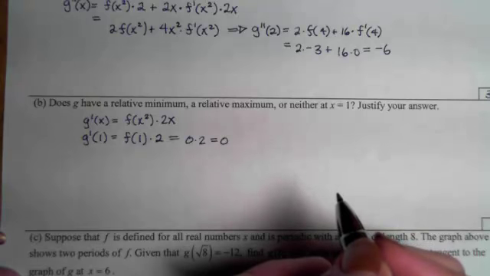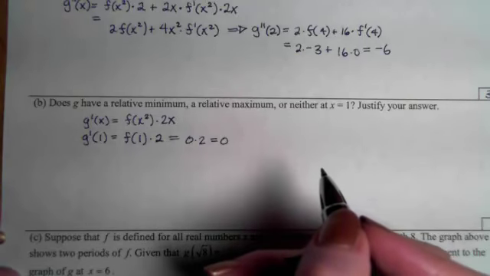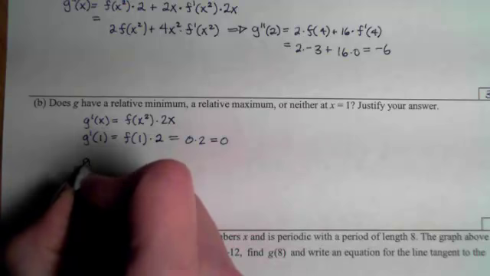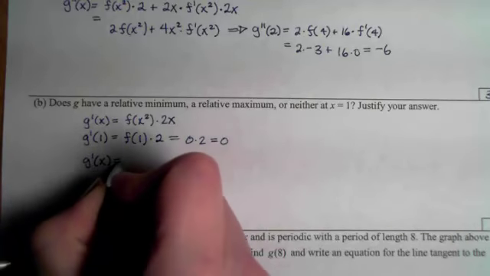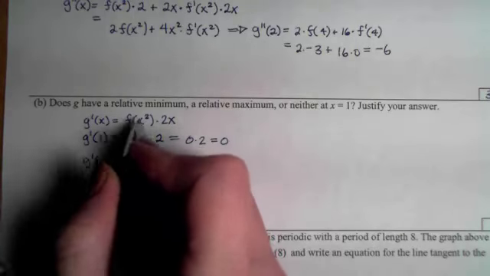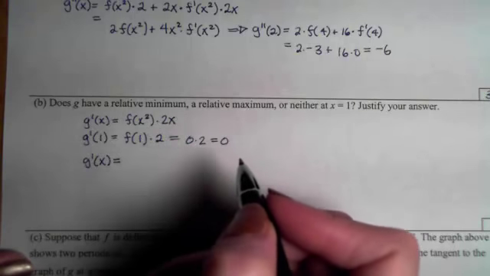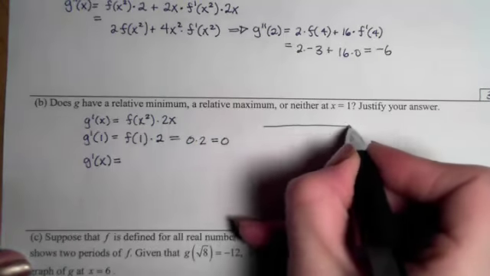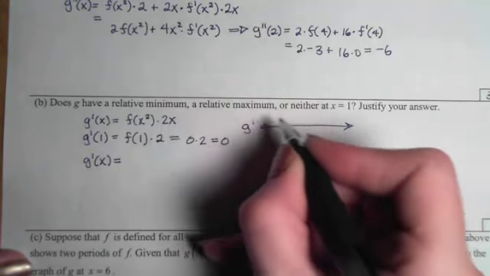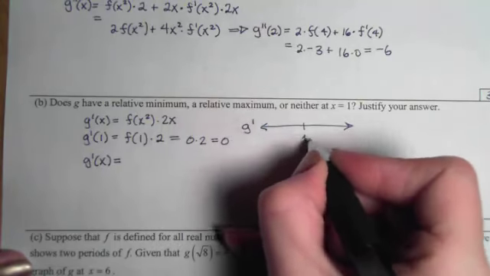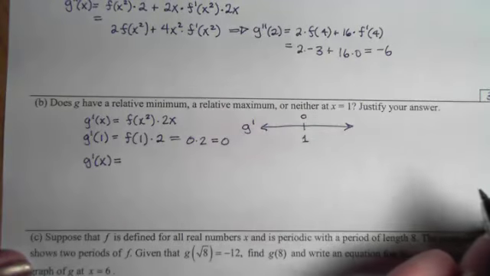To determine whether or not we have a max or min or neither, we need to examine the sign of g prime. So g prime, if you recall, was this f of x squared times a 2x. So let's do a sign chart for g prime and look to the left and right of 1. We know at 1 that we had a 0.